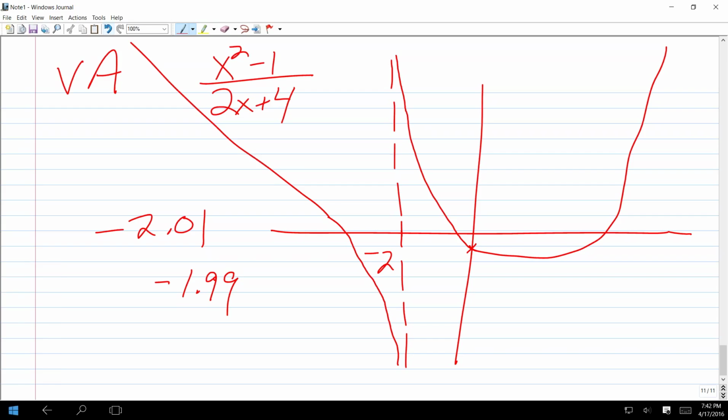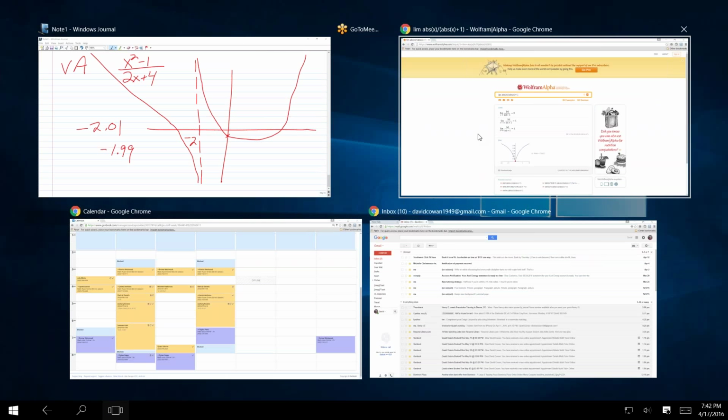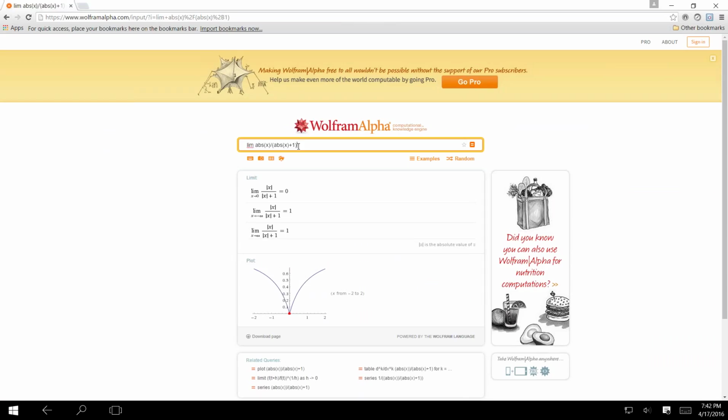Just for the heck of it, let's graph that. I don't think my graph is correct, but it's not that far off. X squared minus 1 divided by 2x plus 4, and I'm going to need some parentheses on the numerator also.